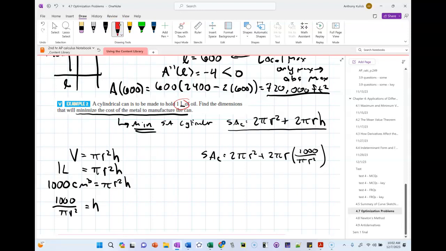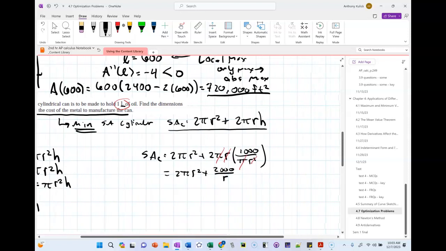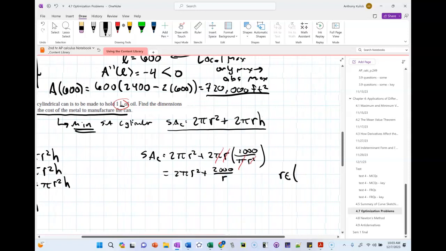So far, so good. Do a little reducing. That's right. Now, let's do a domain. 0 to 1,000.